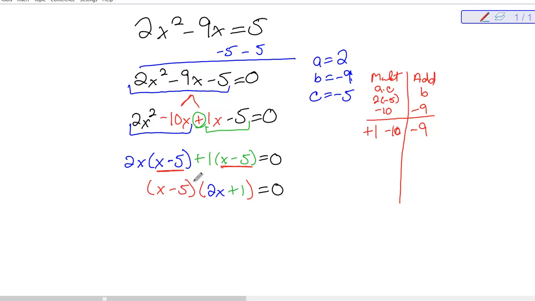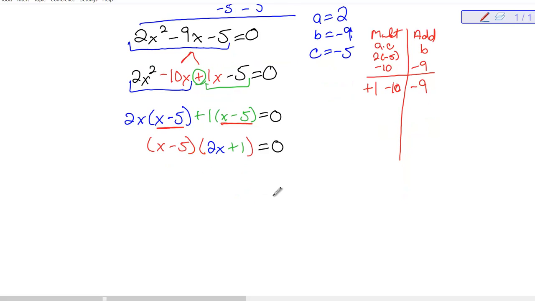Now I have one thing times another thing equals 0. Once you have it to that point, this is where we can apply the 0 product rule. And we can set each one, x minus 5 equal to 0, and 2x plus 1 equal to 0.